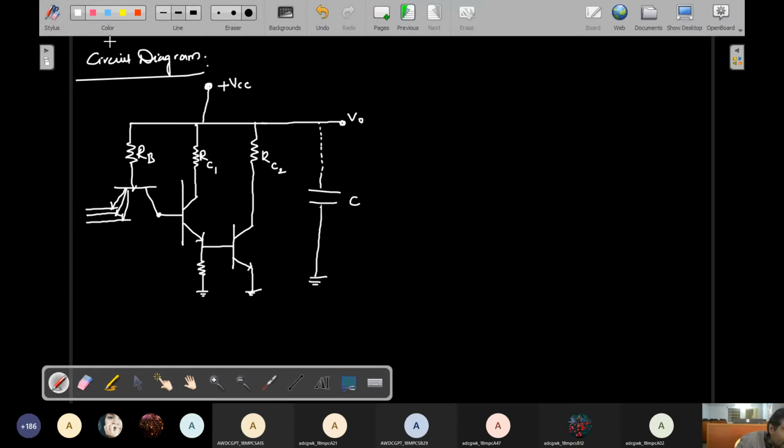This transistor is T1, this transistor is T2, and this transistor is T3. So this is plus VCC. This plus VCC is connected to the first transistor through a resistor RB. Because this is the base terminal, this is the emitter terminal. Generally this is the emitter terminal.